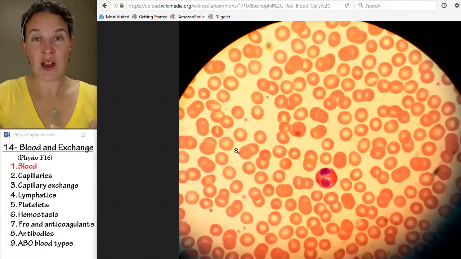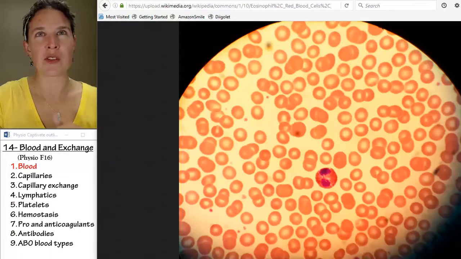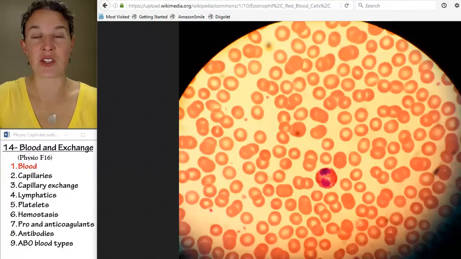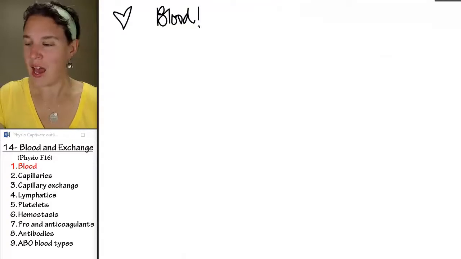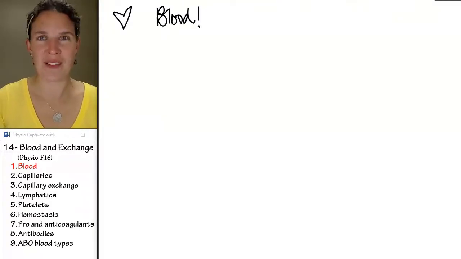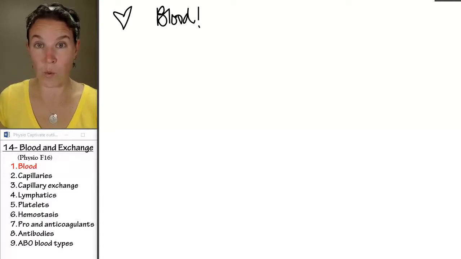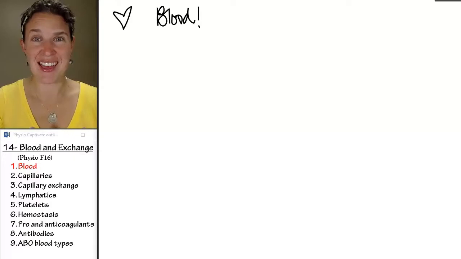To start out the conversation, we really need to think about what blood is, and when we think about the structure of blood, that will, I'm sure this shocks you, shed light on the functions that we're going to look at. And blood, we haven't ever not talked about blood, and we won't ever stop talking about blood no matter what system we're talking about, because it is the substance that connects body systems.